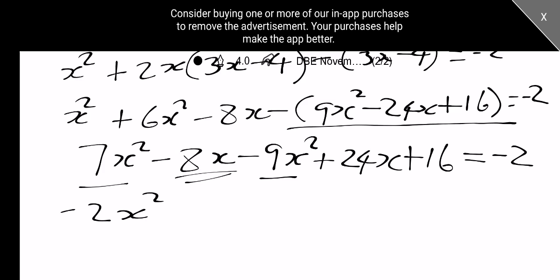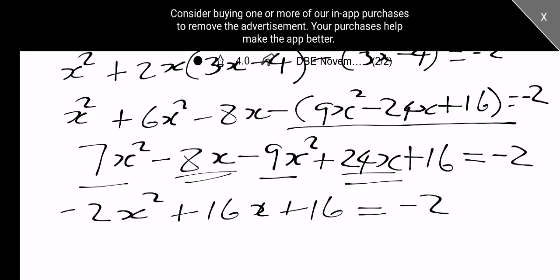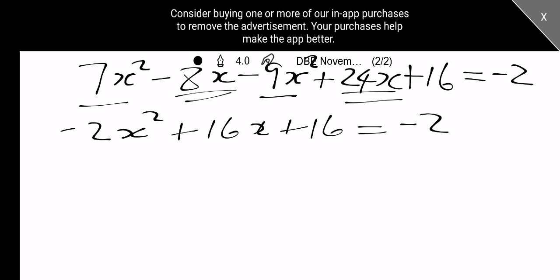Minus 8x plus 24x is going to give you 16x, then plus 16 equals negative 2.